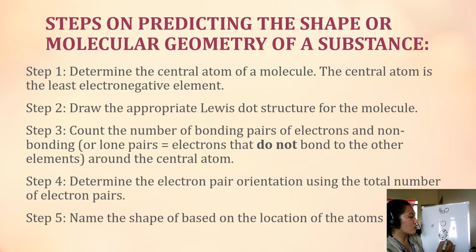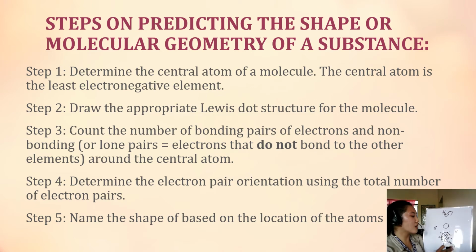Okay? So, we will get their valence electron. Nasaan ba yung valence electron? Nandito sa valence shell niya. Okay, let us count the valence electron. 1, 2, 3, 4, 5, 6. So, this means 6 yung valence electrons ng oxygen.